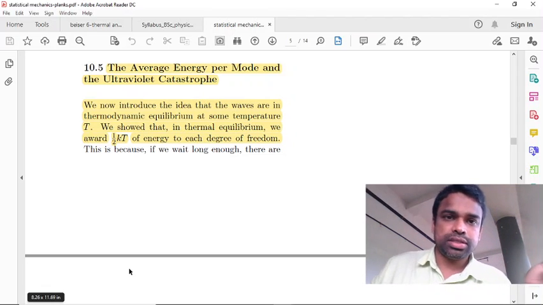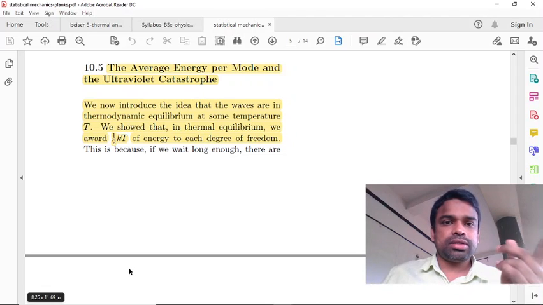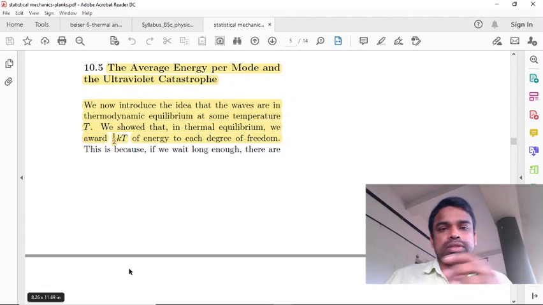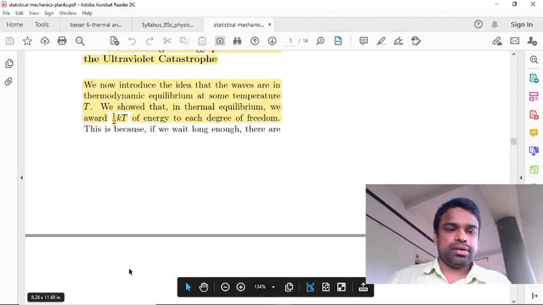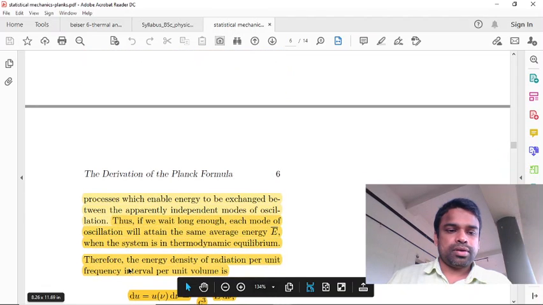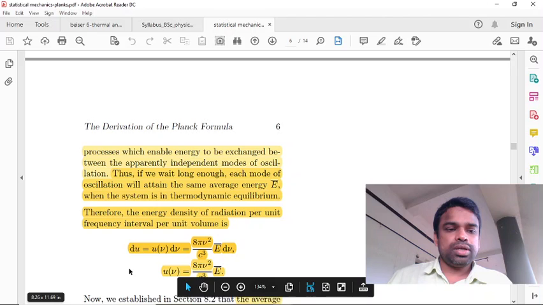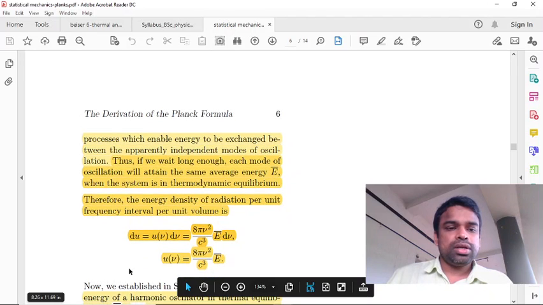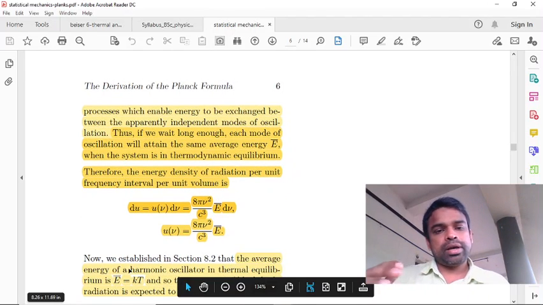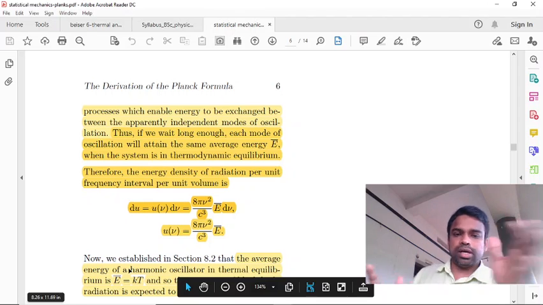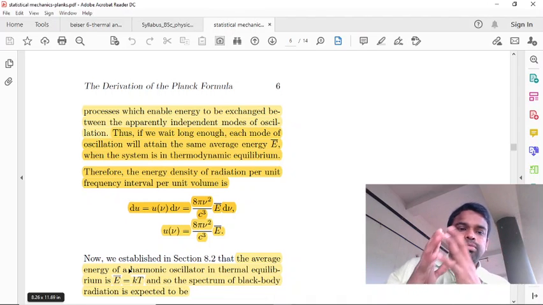We have studied the equipartition theory, half kT; so for 3 dimensions, 3/2 kT. Thus, if we wait long enough, each mode of oscillations will attain the same average energy, E average, when the system is in thermodynamic equilibrium.